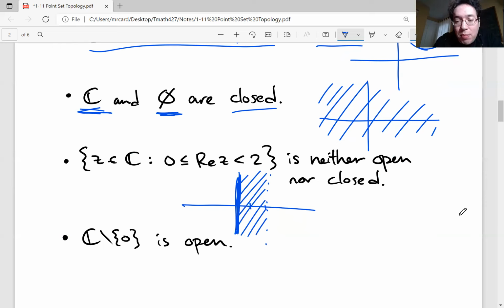In that shaded strip, the real part is greater than or equal to 0 and less than 2. So that's how you get the vertical strip. The left edge boundary is included in the set, but it's not closed because the right edge boundary is not included in the set. And it's not open because on the left edge, when you try to draw a disk, it cannot stay within the set. It'll spill out. So it's not an interior point.